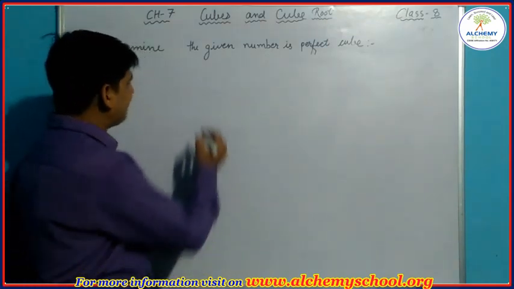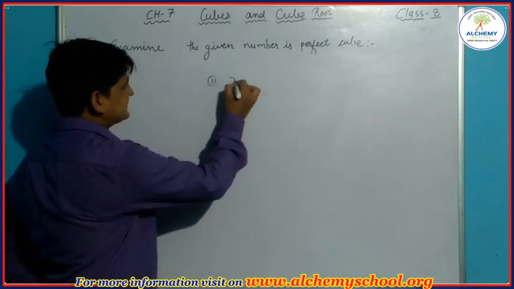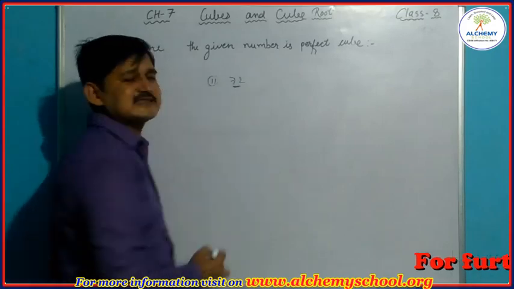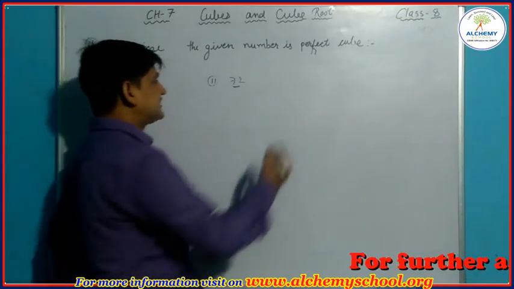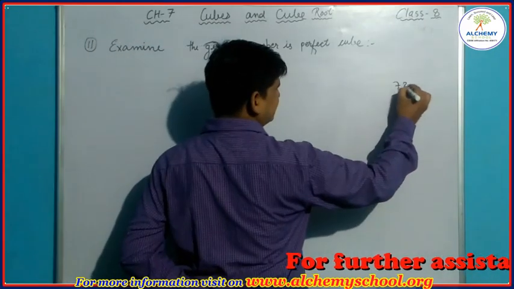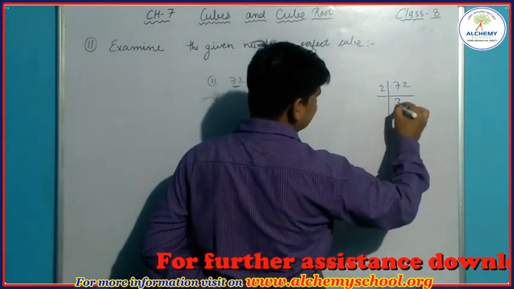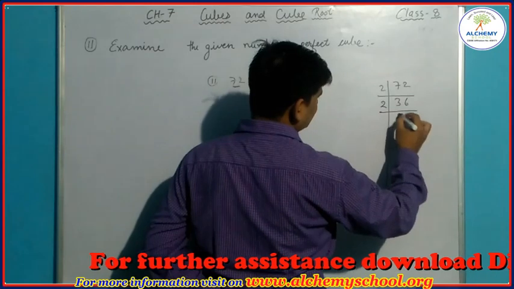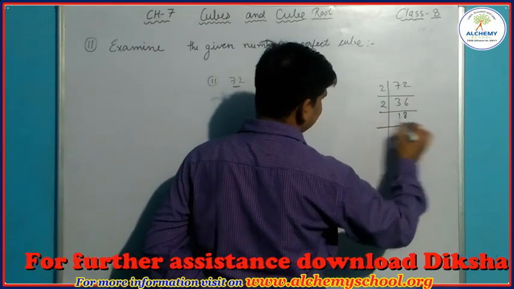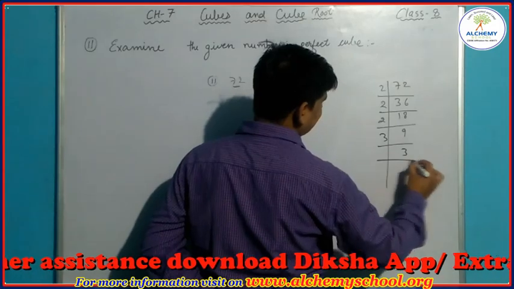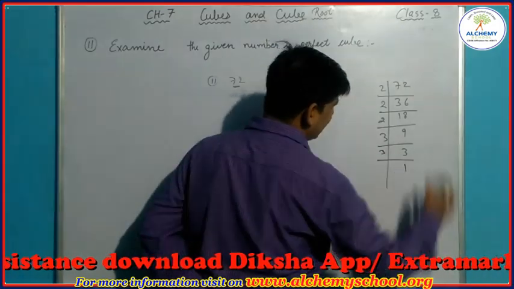Now the second example that we are going to see is 72. We have to examine whether 72 is a perfect cube or not. Simply we factorize this 72, and when we factorize it, we get 2 3s are 6, 2 6s are 12, 2 1s are 2, 2 8s are 16, 2 9s are 18, 3 3s are 9, and 3 1s are 3.